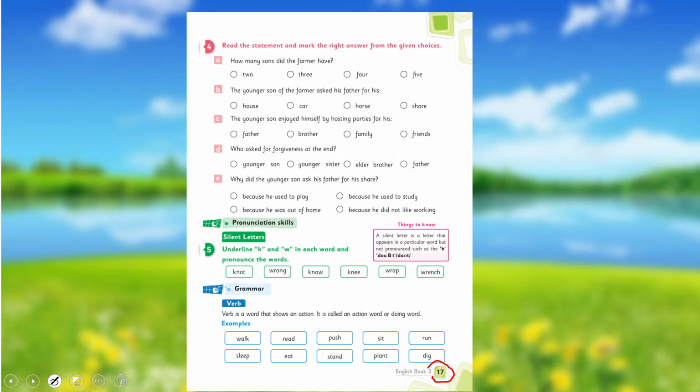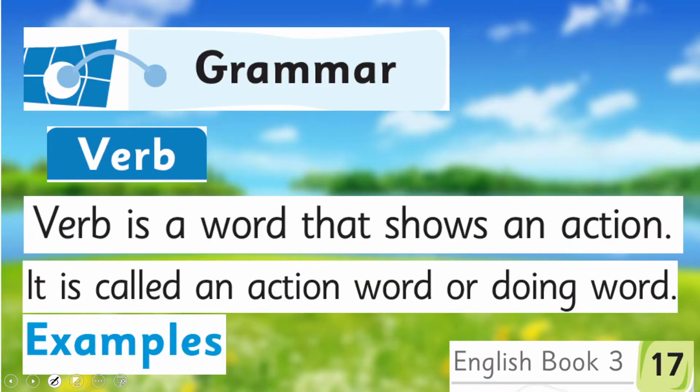All of you open your book on page number 17. It's mentioned here under the title of grammar, verb. Verb is a word that shows an action. Right?